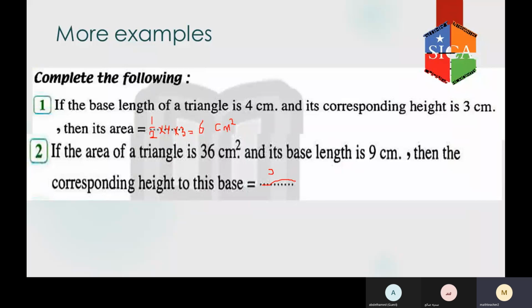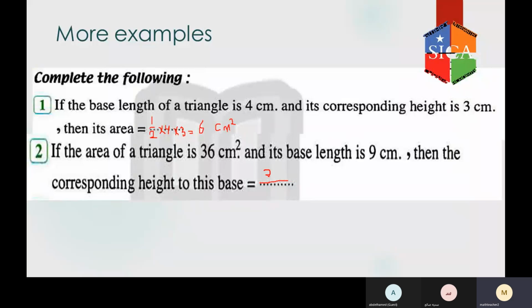Here we divide the area by half the length of the base.